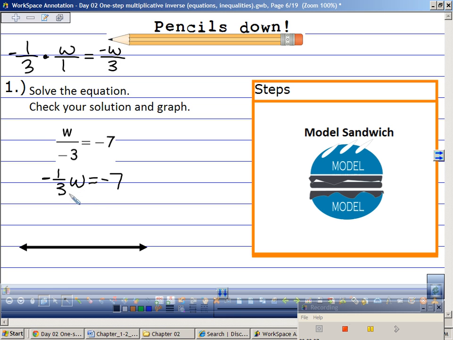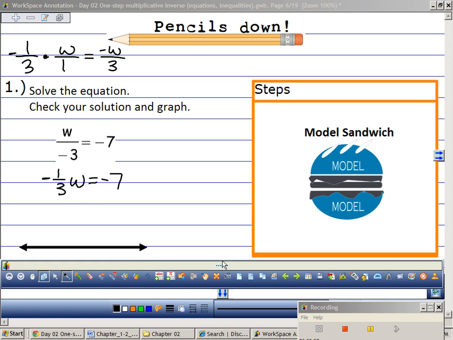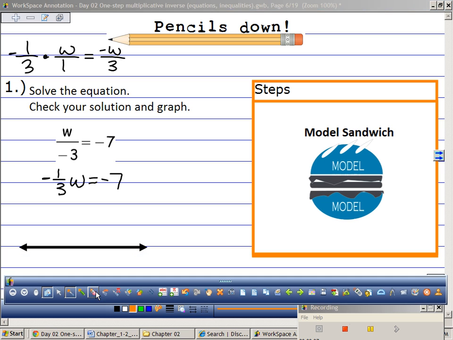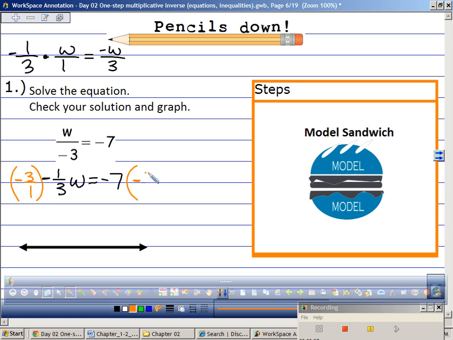So if I write it like this, then it's easier to use the multiplicative inverse. If I was going to multiply by the multiplicative inverse, I would multiply by the multiplicative inverse of 1/3, which is 3/1.